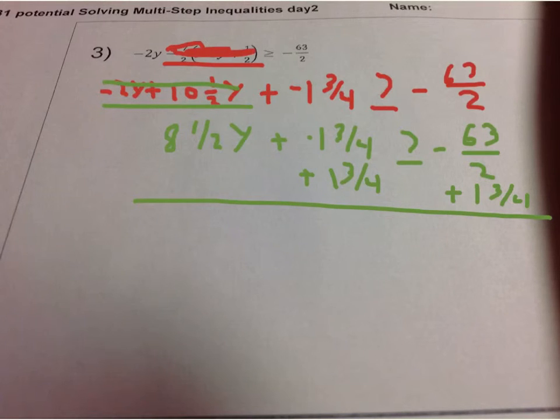When you do that, I should have switched colors here, I apologize for that. These cancel out, and you're left with, just on the side, 8 and 1/2 y is greater than or equal to negative 63 halves plus 1 3/4. And I spoke incorrectly there.